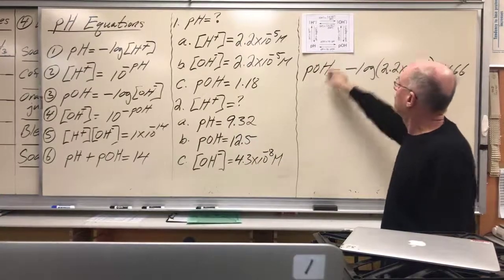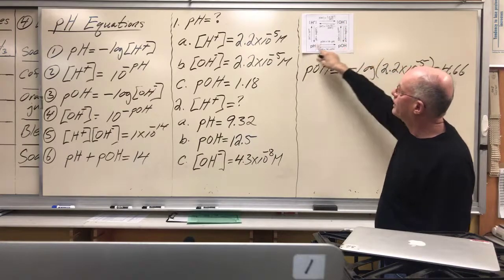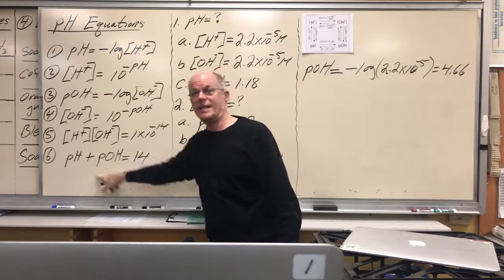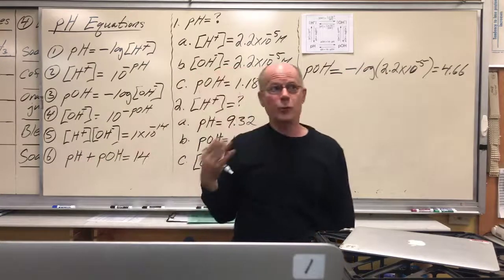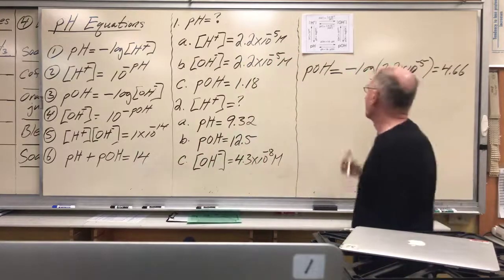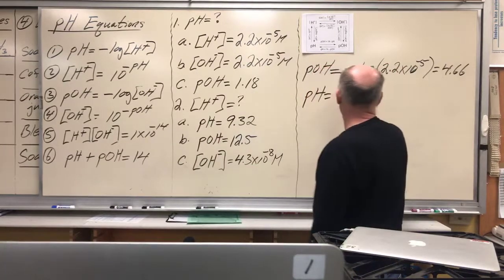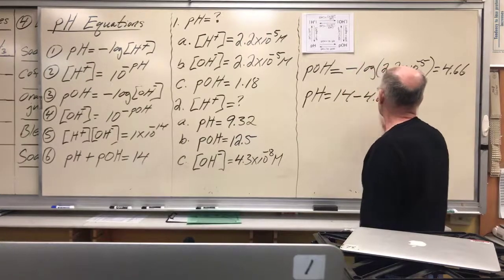Okay, so I converted the hydroxide ion to pOH. Now I need to convert it to pH, and for that I'll use equation number 6, which is the easiest of them all. It says if we add pH and pOH, we'll always get 14. So if we subtract one from 14, we'll get the other. So pH is going to be equal to 14 minus 4.66.